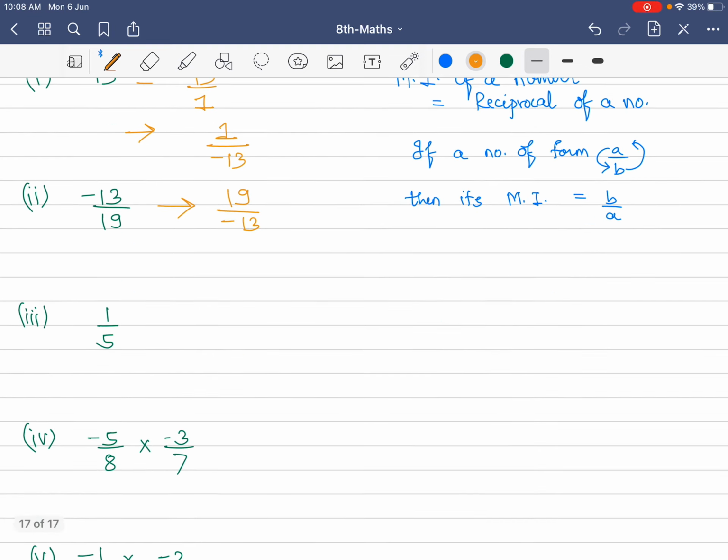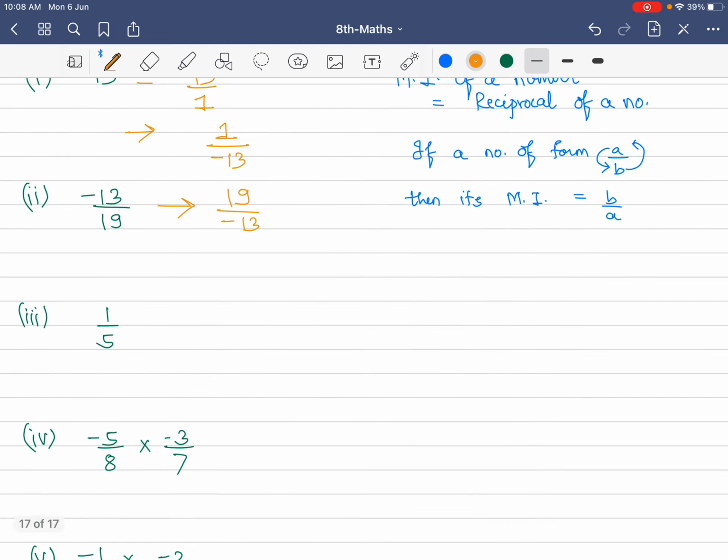And minus into minus is plus. So the fourth number, which was this huge number, is actually 15 by 56, which is of the form a by b. So its multiplicative inverse is going to be 56 upon 15. We just swap. We take the denominator as the numerator and the numerator as the denominator.